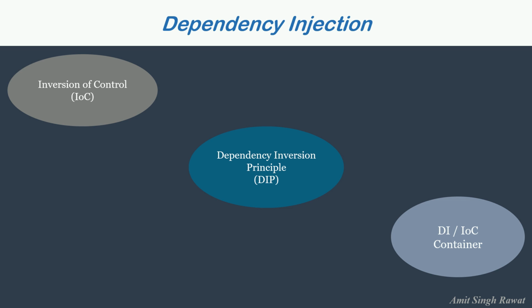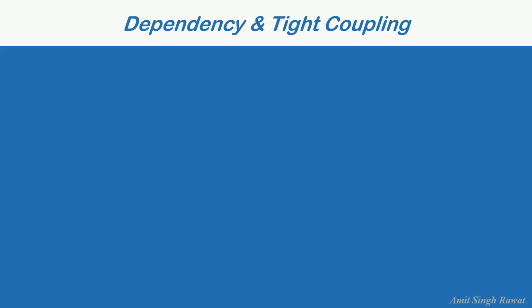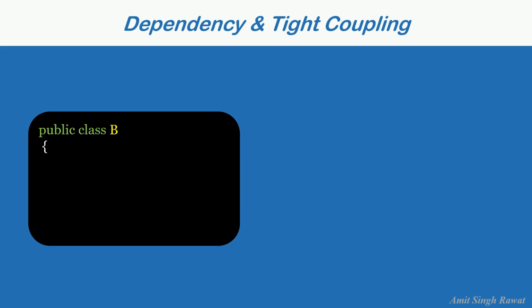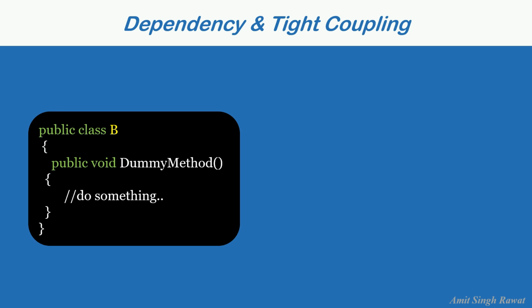Alright, so let's begin. Before moving forward, it is really important to understand what dependency and tight coupling are. Let's say, for example, we have a class B, and this class B has some dummy method that will do something. That's it. Class B is ready.